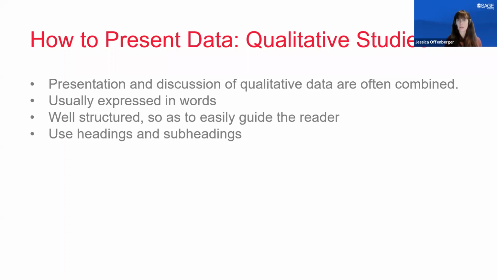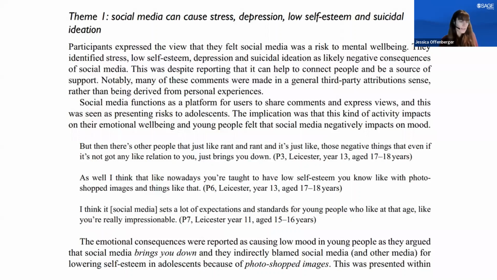So let's go through a couple of great examples that we've pulled out to highlight today. So this article does a really great job of thinking about the flow of qualitative research, presenting that qualitative data by main themes picked up from interviews and focus groups. So this is a nice way to structure qualitative data.